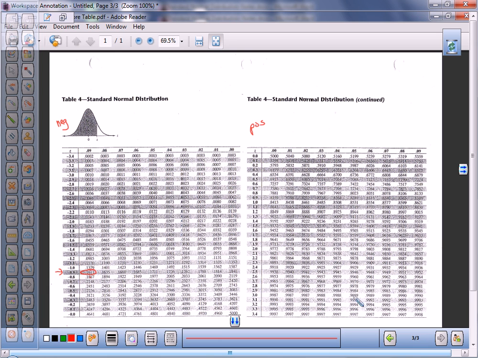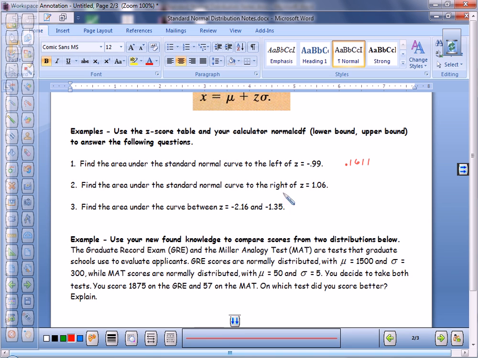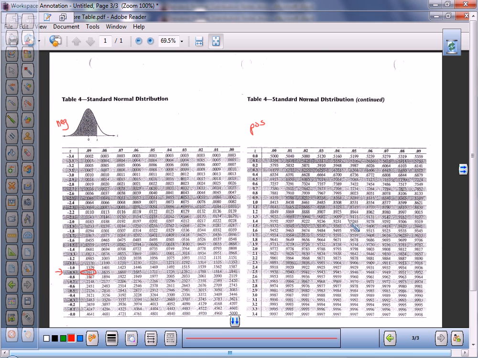Find the area under the standard curve right of positive 1.06. So we go back, we look for positive, we're in this column now, 1.06. Let's find 6. Well, this value here, 0.8554, represents the area under the curve to the left.